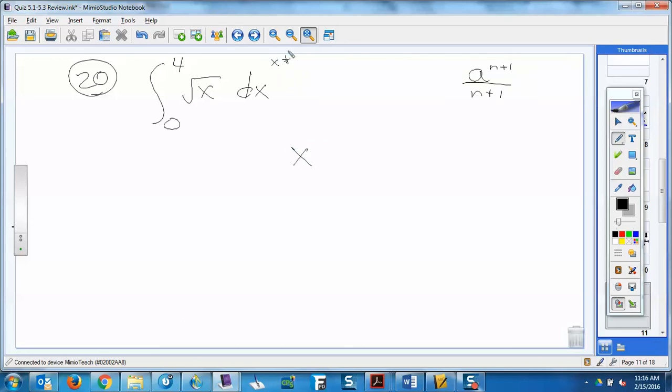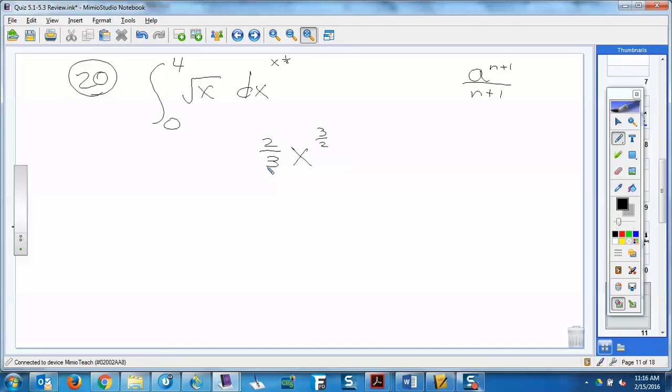Well, you raise that up 1. What's that if you raise it up 1? 3 halves. Divided by 3 halves, which means times 2/3. Okay, so make sure we do that because that's probably going to be on it. Make sure we can do fractions especially.